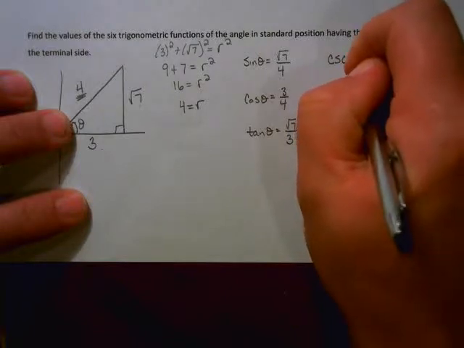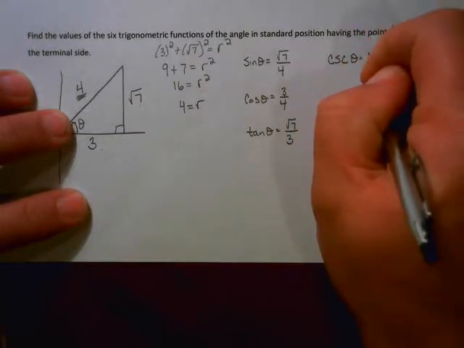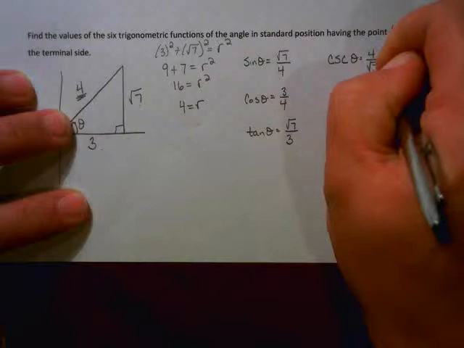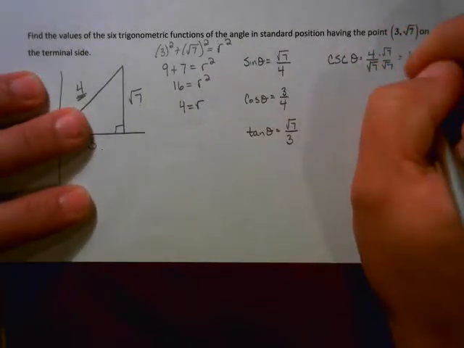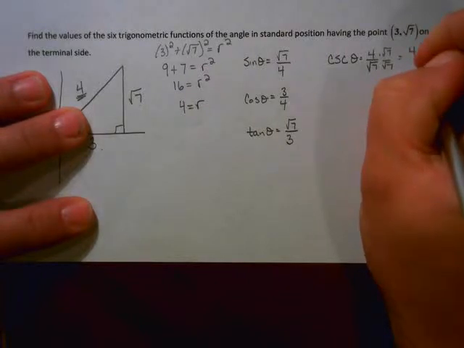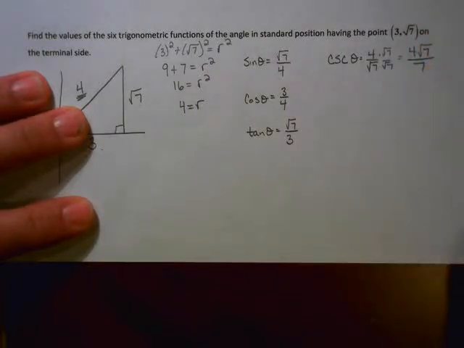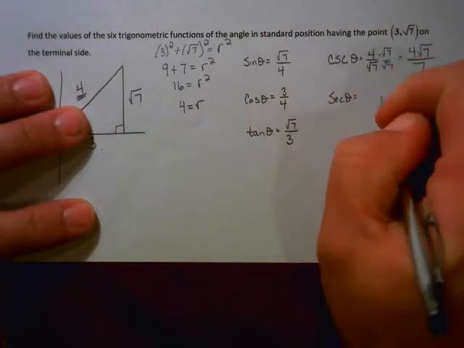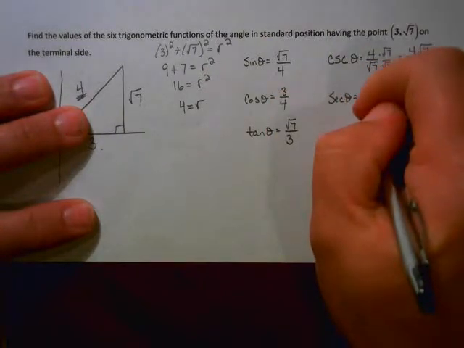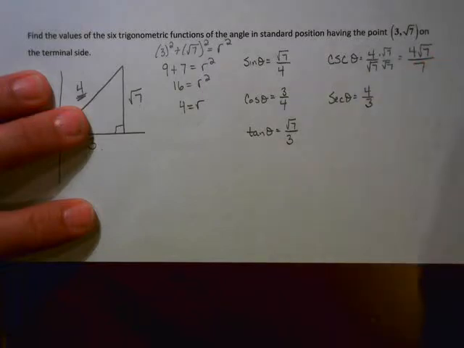Cosecant theta equals 4 over the square root of 7. So we're going to multiply by the square root of 7 over the square root of 7. So cosecant theta is 4 square roots of 7 over 7. Secant theta is equal to the reciprocal of cosine, so it's going to be 4/3.